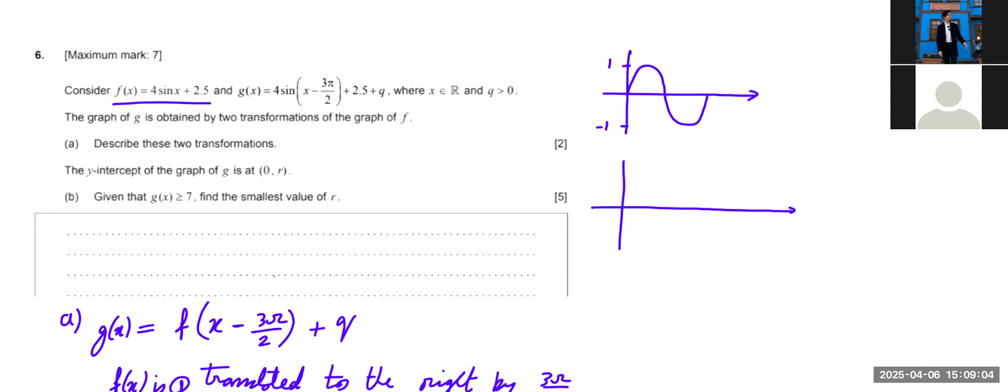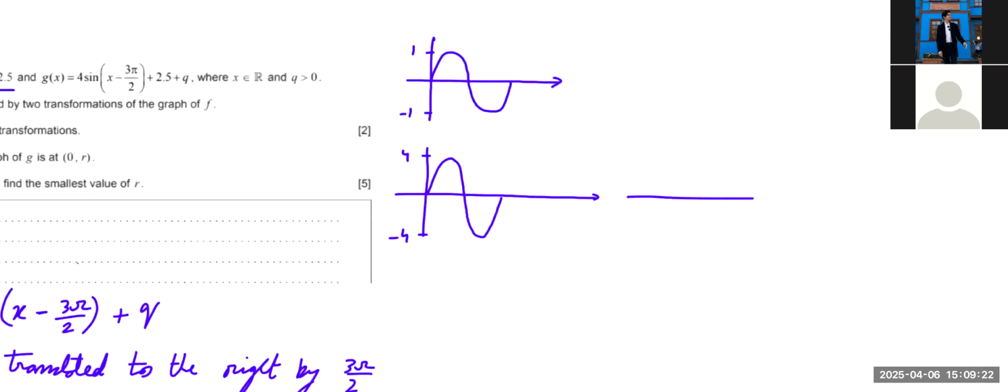To make f of x, all I've got to do is multiply my y values by 4, which means that my new peak is at 4 and my new trough is at -4, right? And then I need to move the graph up by 2.5 units. So what happens is that my graph basically becomes something like this.